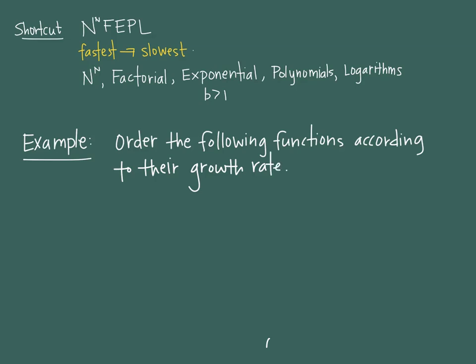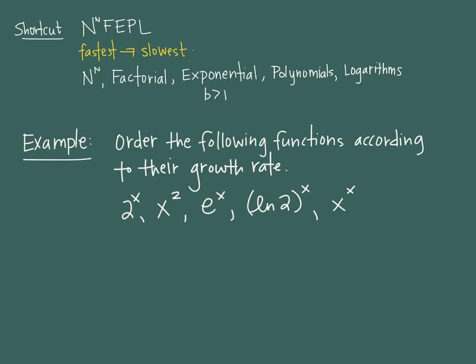All right, so the functions I'm going to give you are 2 to the x, x to the 2, e to the x, the natural log of 2 to the x, and x to the x. Put those functions in order according to N-FEPL from fastest to slowest.